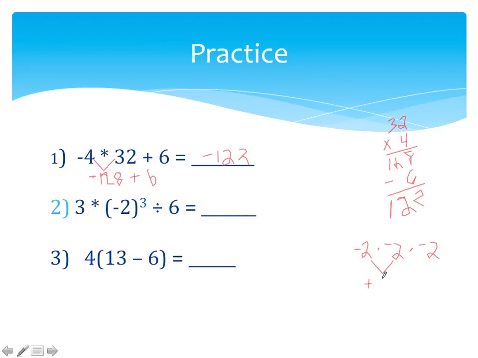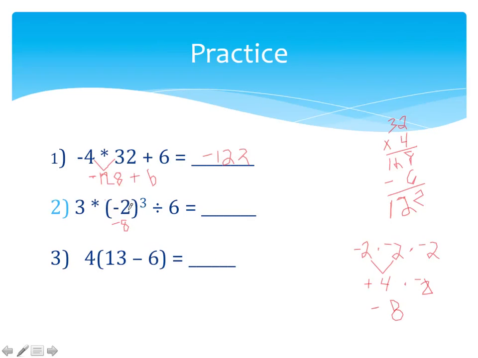2 times 2 is 4. I'm going to bring my next operation and my next number down. I have a positive times a negative, so that's going to make this negative. And 4 times 2 is 8. So this whole parentheses and exponent is going to be replaced with negative 8.